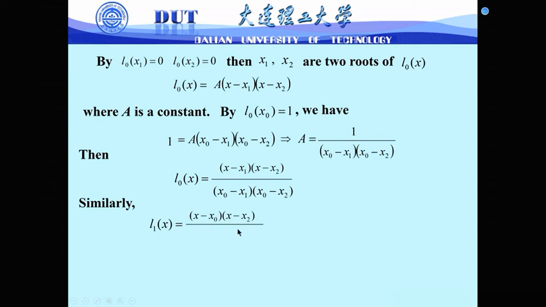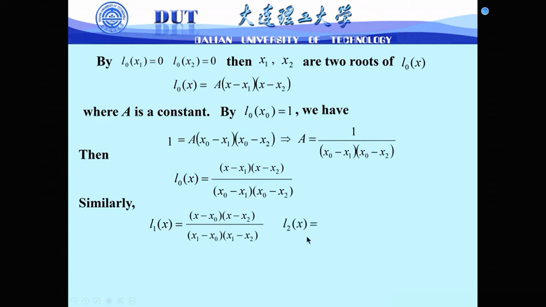And what is the denominator? Remember, just replace x by x1. You should know the subscript here is 1. So (x1 minus x0) multiplied by (x1 minus x2). Okay? Then we obtain L1(x). Now you find it is very simple to remember the formula, right?